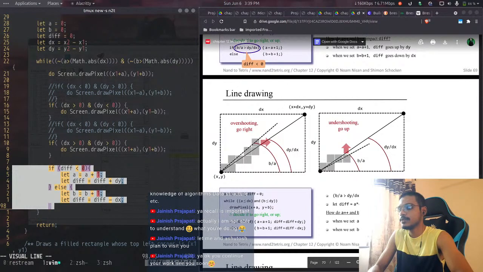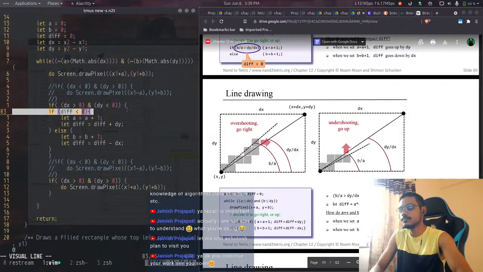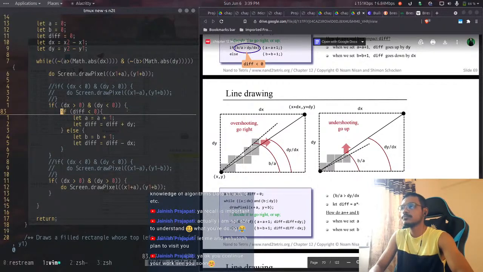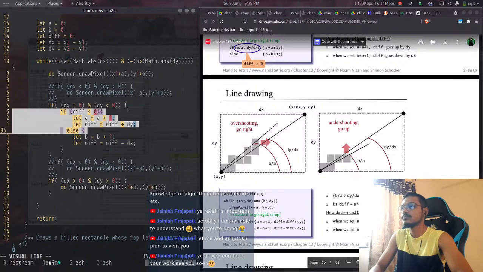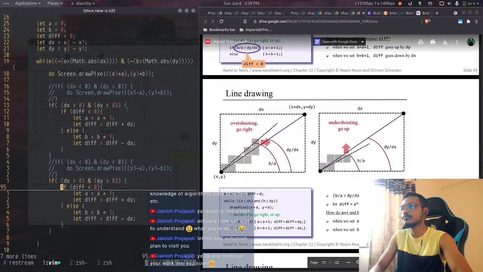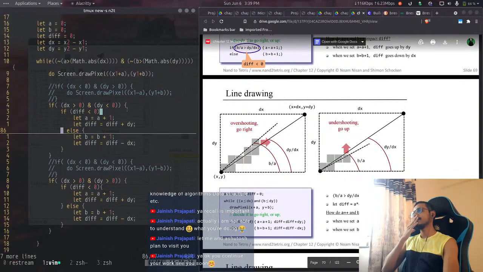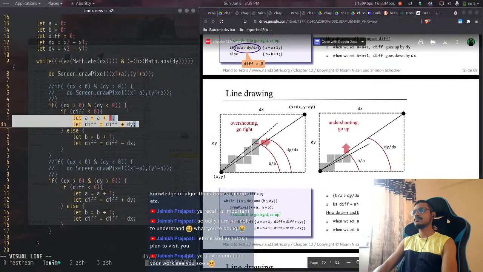Let me copy this or cut this and paste it over here. So in this case, see, this works. If both are positive, this works just fine. But if dx is positive and dy is negative, what should happen? This condition will remain same, right?